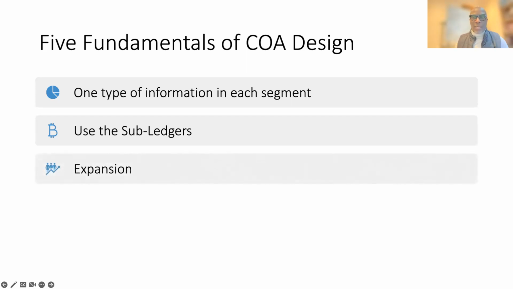And then expansion, think about expansion, room for expansion. Again, I'm going to go into this in a bit more detail in a few minutes. And also think about using natural ranges and using roll-up groups, account ranges that fall within natural groups as well.